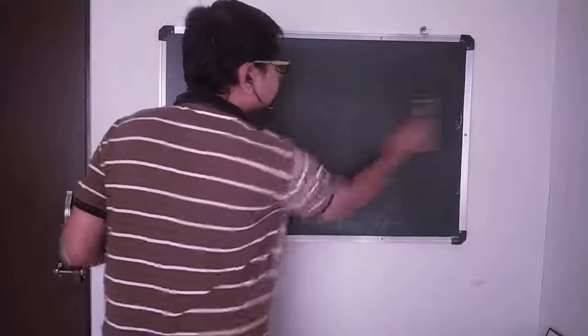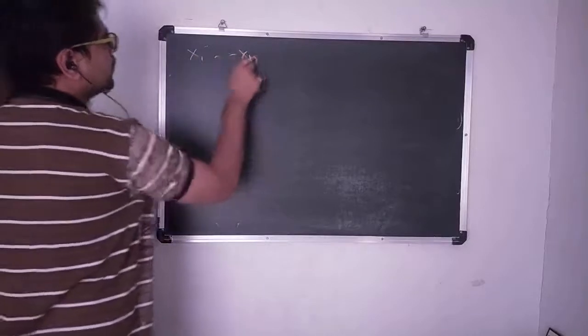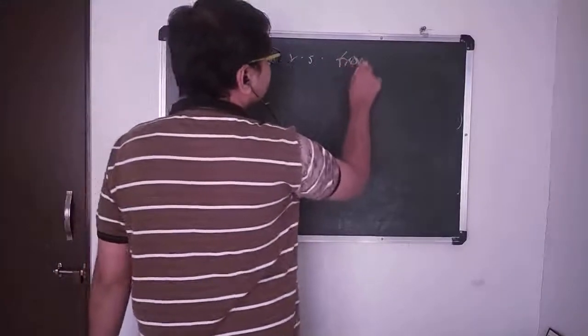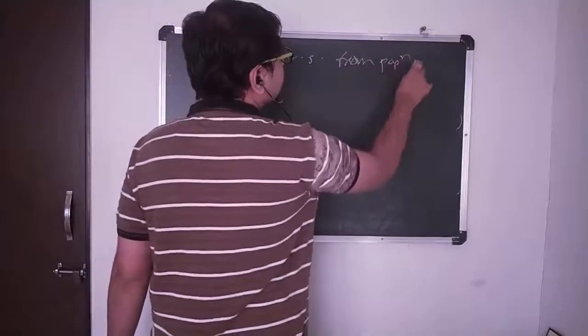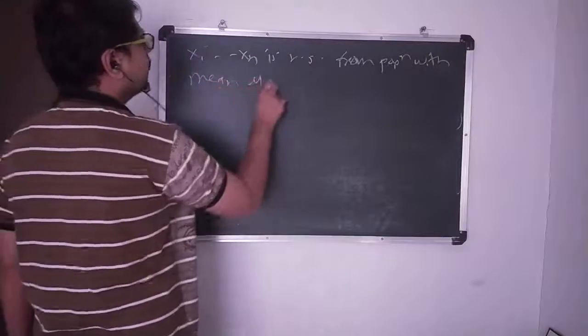Now we will move to another example. Suppose X1, X2, ..., Xn is a random sample from a population with mean mu and variance sigma^2.